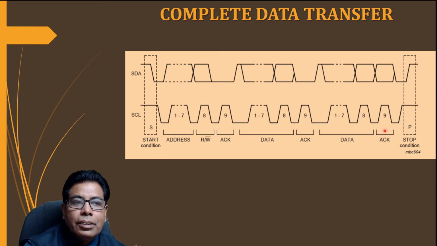So this is how the complete data transfer will take place. And then at the end we have the stop condition. So for the stop condition, the SDA line will go from low to high when the SCL is high. So this is the waveform for the complete data transfer.